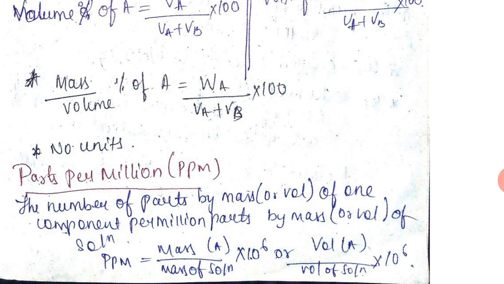If it is parts per billion, then it is 10 to the power 9.